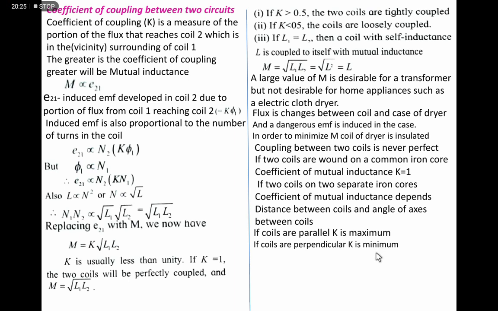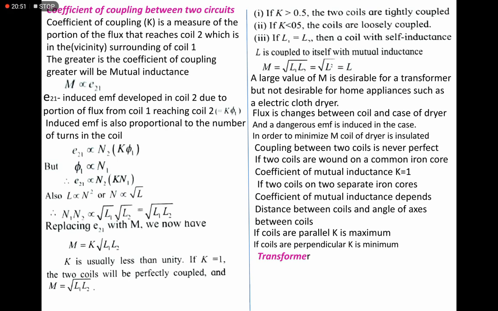K is the coefficient of coupling. This is about the coefficient of coupling between two circuits, and it depends on the flux linked between them. If you minimize the flux linking the two circuits, K will be minimum.